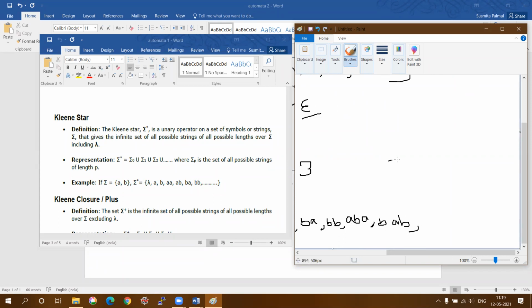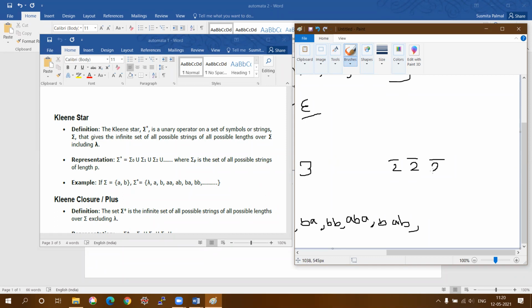If there are 3 positions, in the first position either a or b may sit, so two possibilities are there. In the second position, either a or b can sit, so 2 possibilities. In the third position, either a or b can sit, so there are also 2 chances.